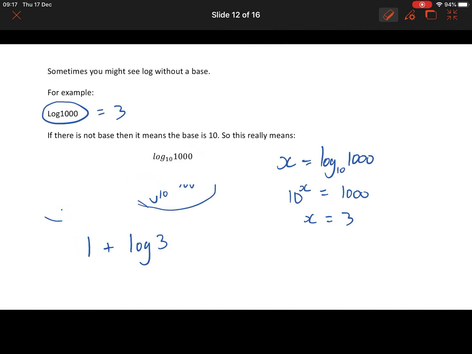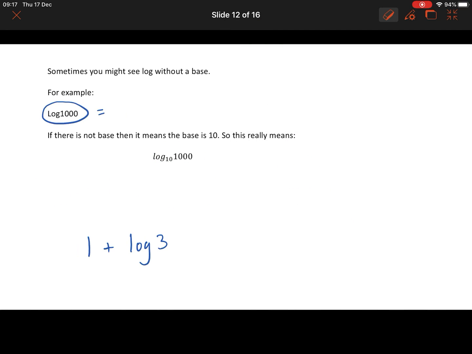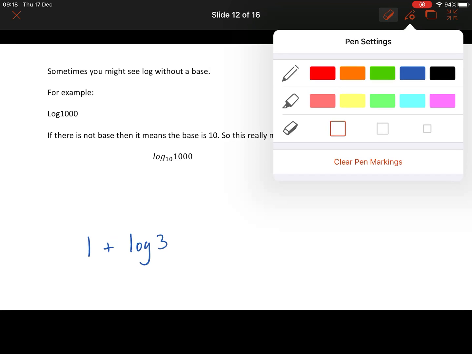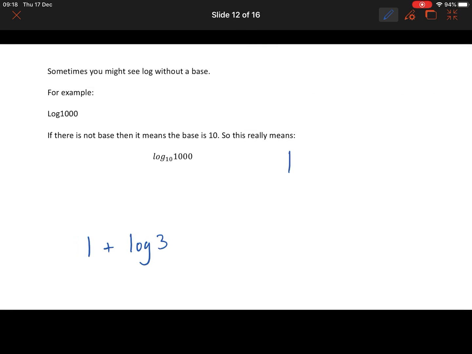Let's say you get something like this: 1 plus log of 3. Bring together as a single logarithm. What I need to do is write 1 as a log base 10. So log of something equals 1.